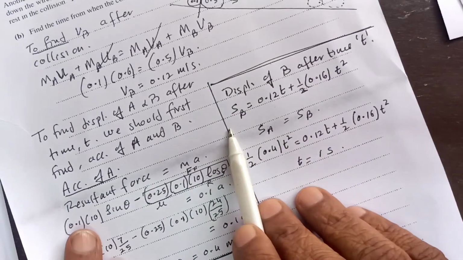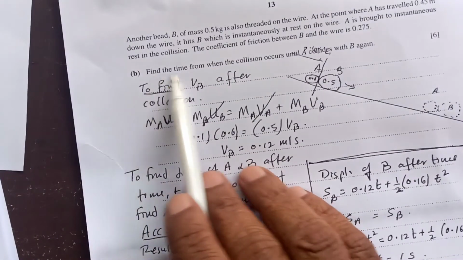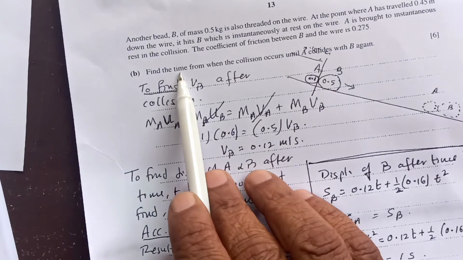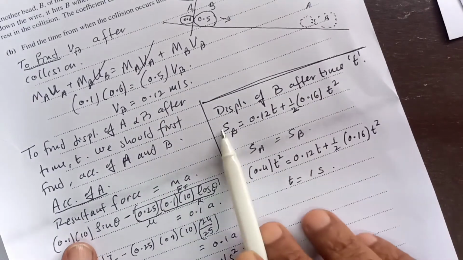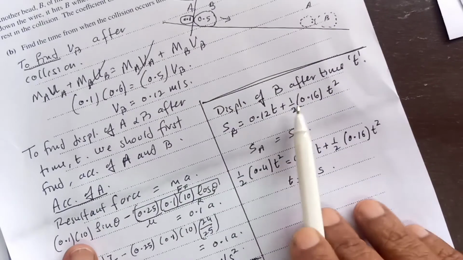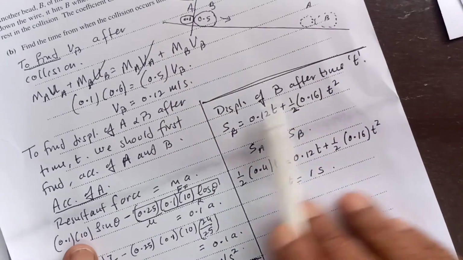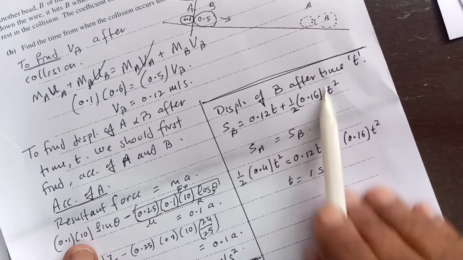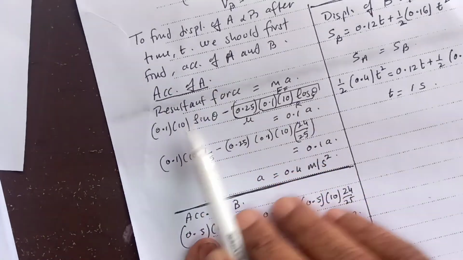Get the point? You're told to find the time. So you have to use s equals ut plus half at squared, but in this formula you have to find the displacement as well as the time. Now, to be able to use this formula, you have to find acceleration of both. Okay, let us find the acceleration of both.